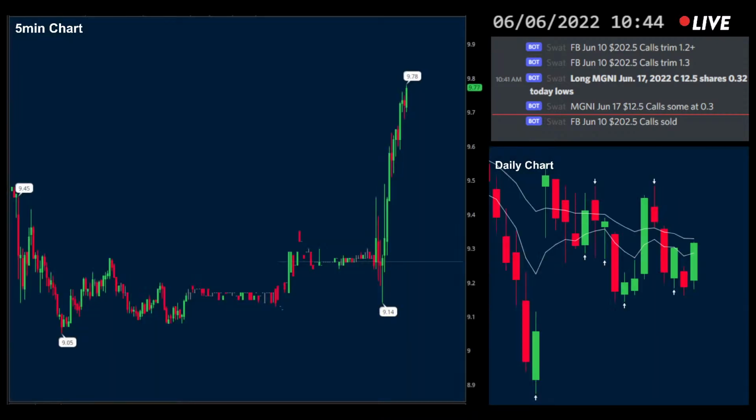Robinhood, new highs on the day. So yeah, it was good on Robinhood. So congratulations. And going Robinhood.